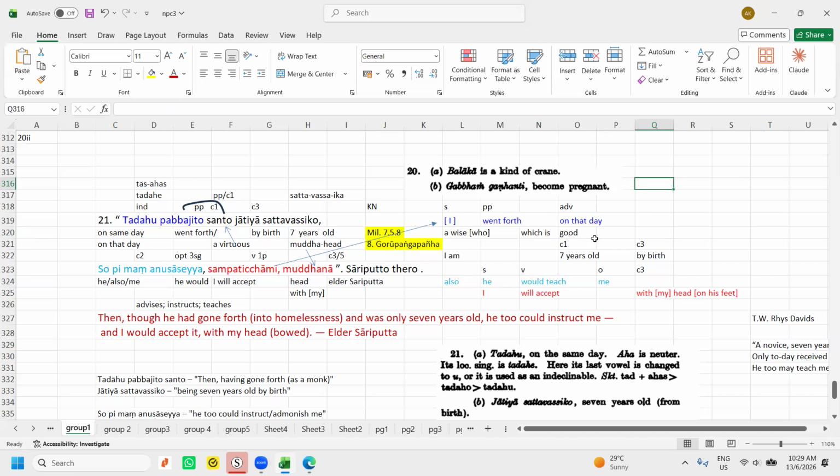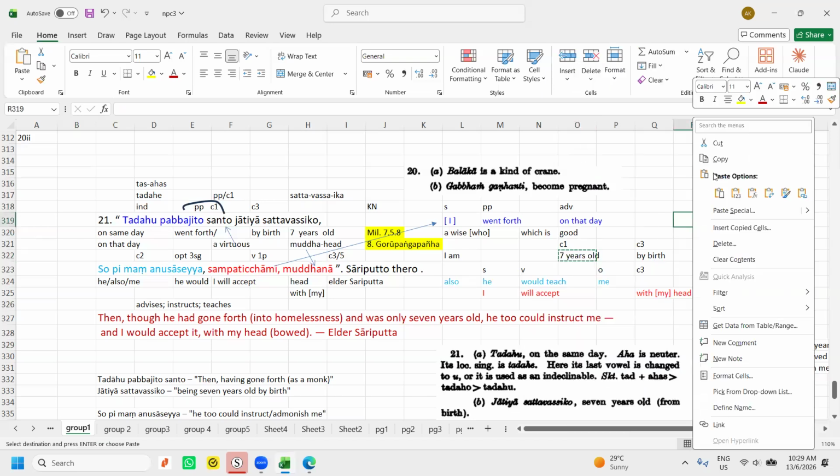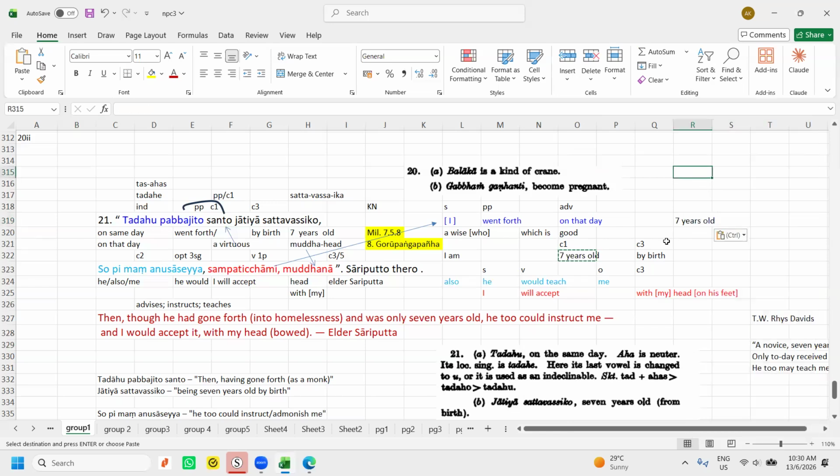So here, this part, I copy and put it here. If you're going to put this one to join here, it's not really correct.